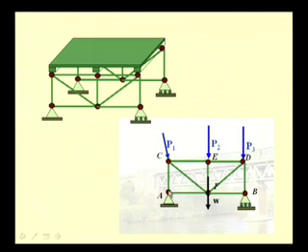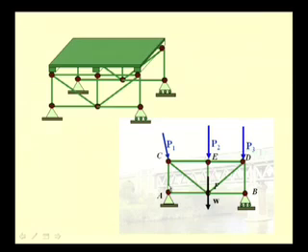These are the supports. We have one support at A and another support at B. Typically, a truss is supported by a pin joint and a roller joint. A plain truss is supported by a pin joint and a roller support. This comes from our understanding of the basic equilibrium of two-dimensional objects.